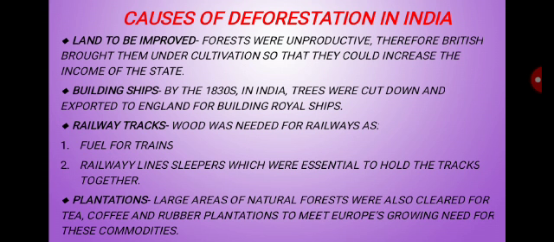But the benefit of these industries was not given to our Indians. They were poor and their condition was the same. Trees were cut not for the welfare, not for the progress of our people. They were cut to meet the requirements of British industries. That was the painful thing for Indians.